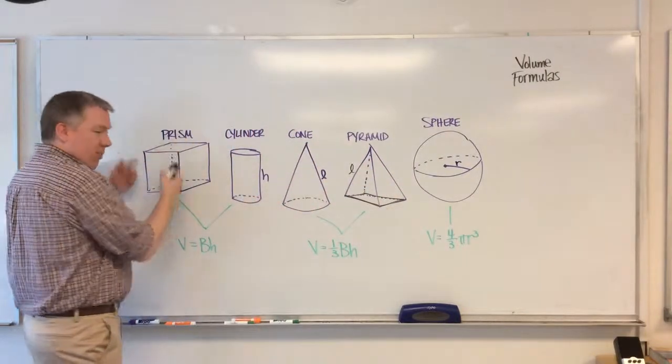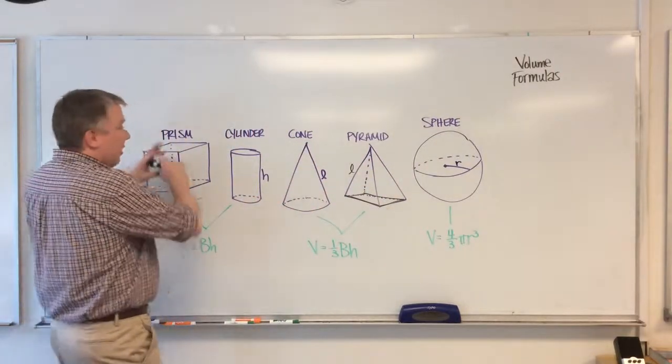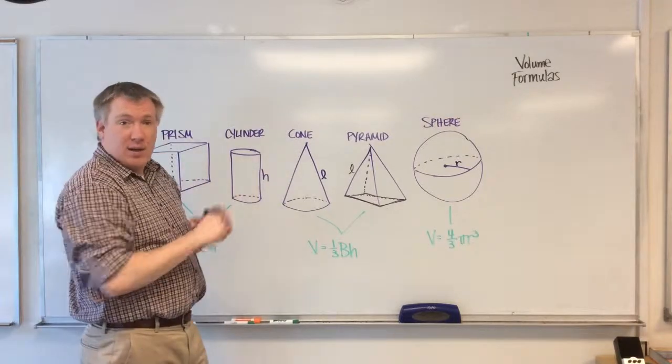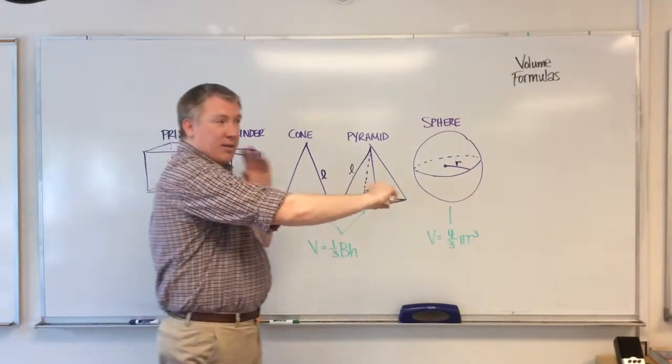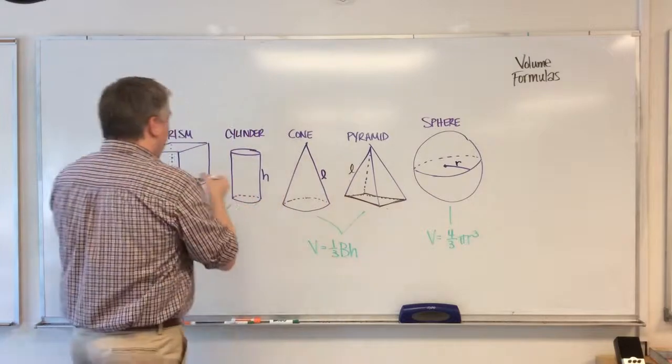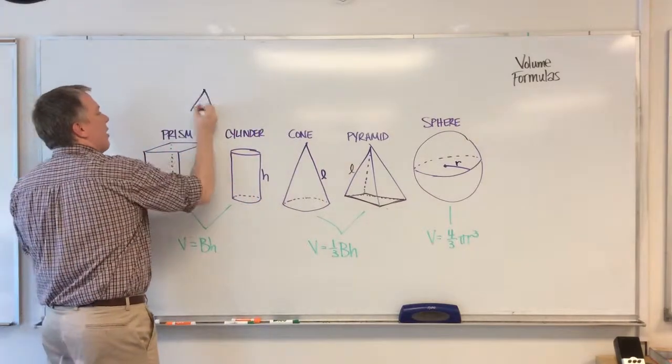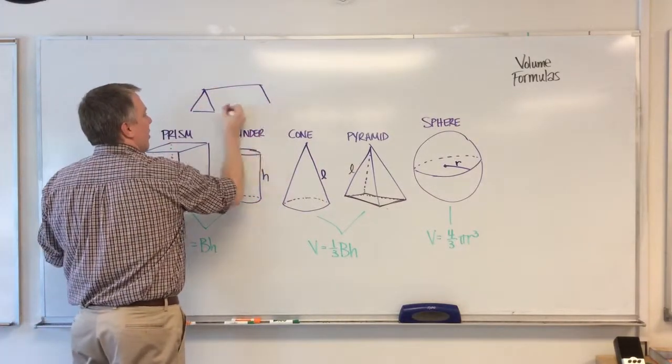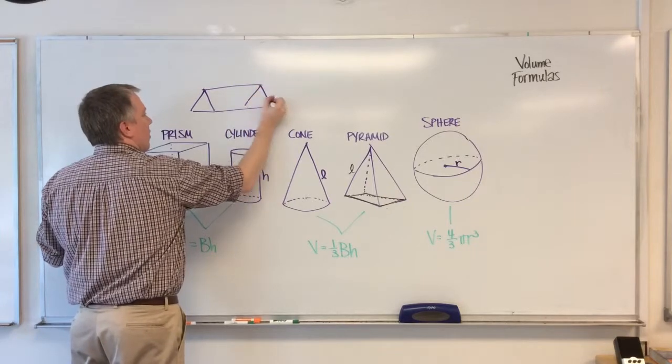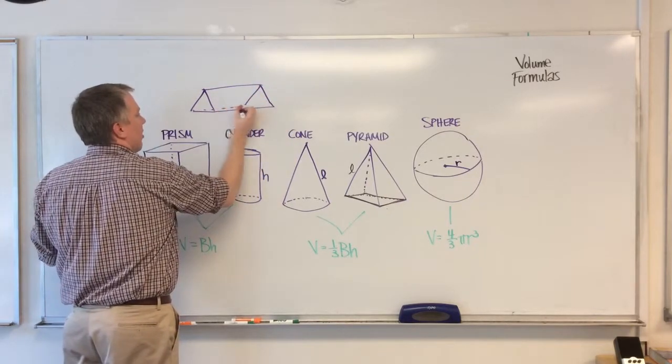So in a rectangular prism, that's that way. It could be a triangular prism, and it could be that way as well. So it could be a triangle, I'll just draw it, something like this, where the 2 opposite sides are the same.